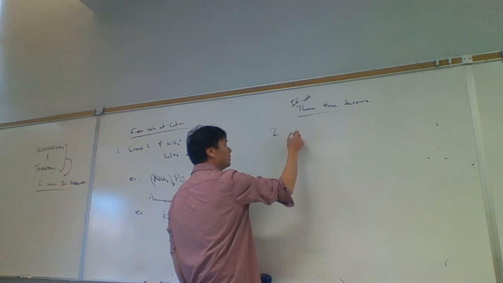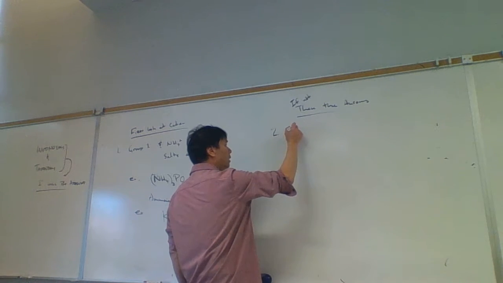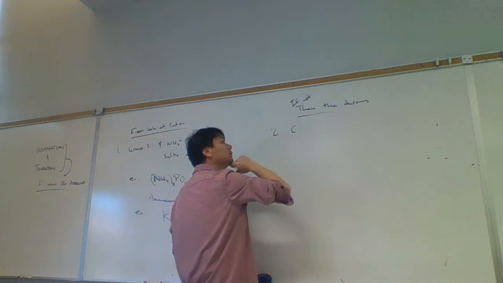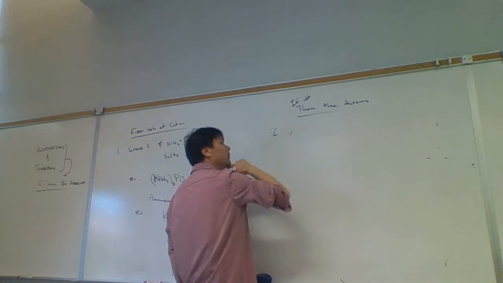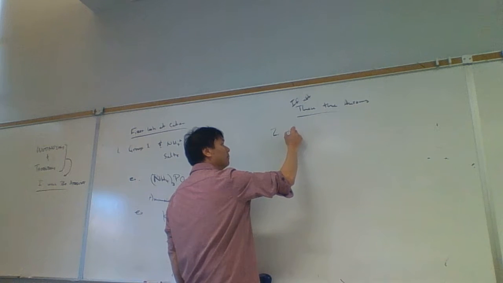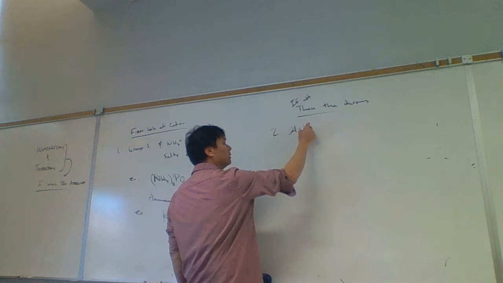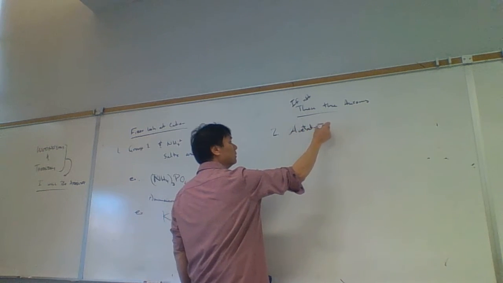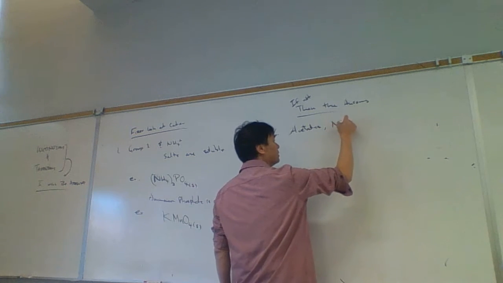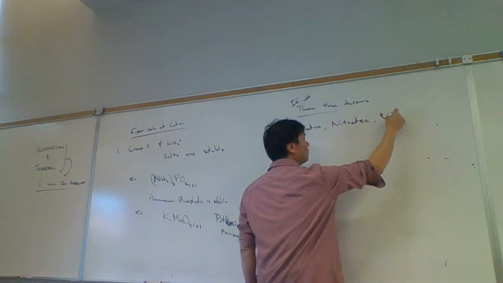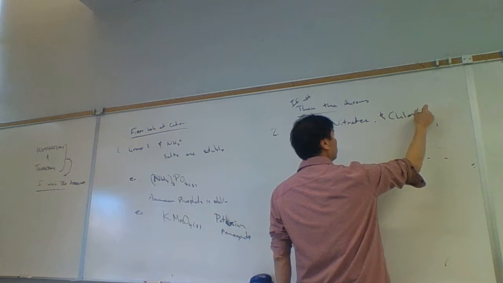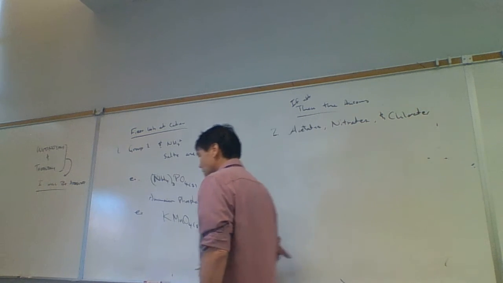The first anions we're going to look at are acetate, nitrate, and chlorate. So what's the formula for acetate?